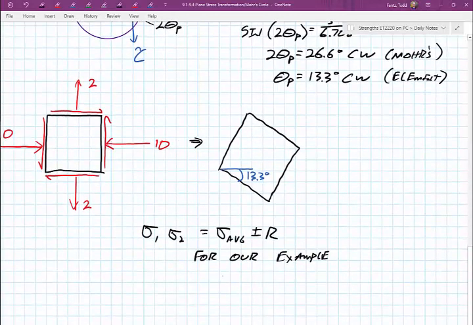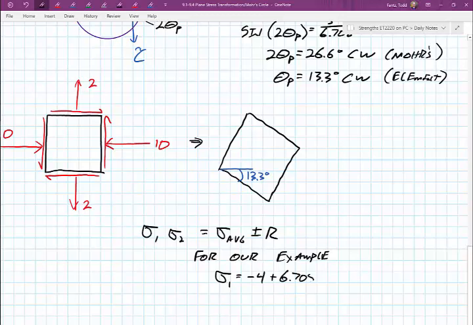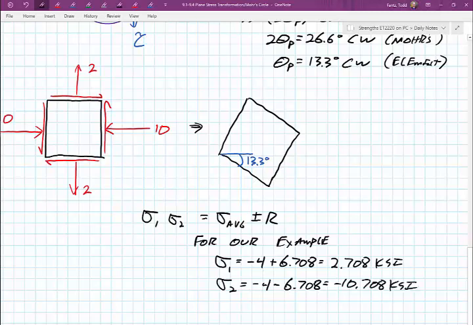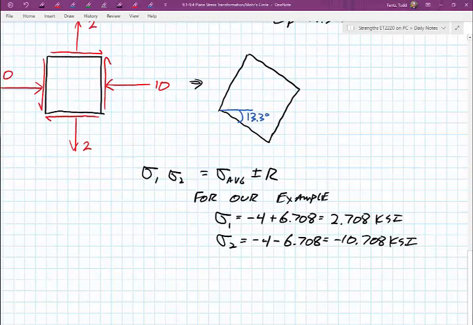What we have is sigma 1 would be equal to -4 plus 6.708, or 2.708 KSI, and my other stress, sigma 2, would be -4 minus 6.708, which is equal to -10.708 KSI. Now, these have a special name. They are called our principal stresses.